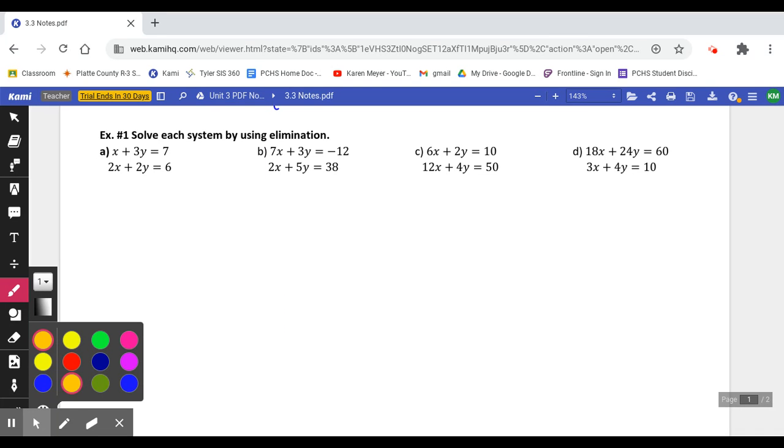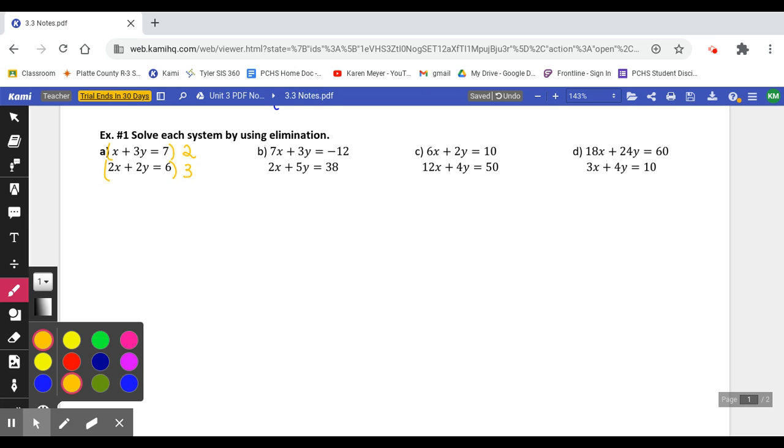So first, let's just turn them into sixes. I'm going to put parentheses around each one of these because I'm going to have to multiply each equation by something. On the top one, how do you make 3y become 6y? Well, you would have to multiply by 2. And on the bottom equation, to make 2y become 6y, you would have to multiply that by 3.